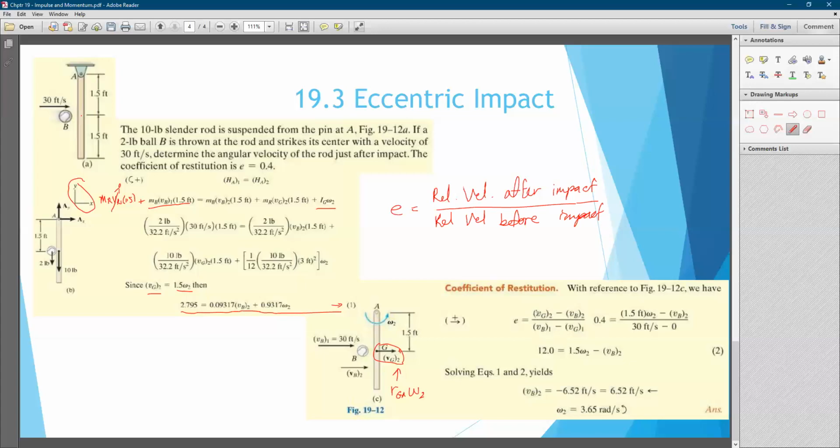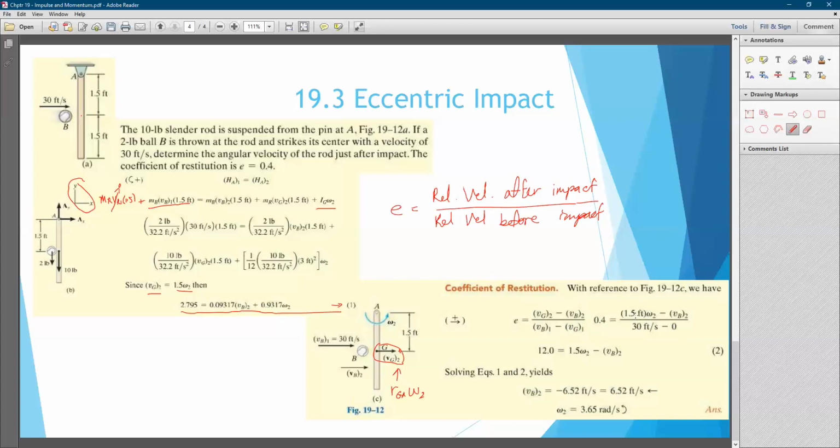So the rod minus the ball, and then down here, before impact, it is the ball minus the rod. Then you just plug in the values.